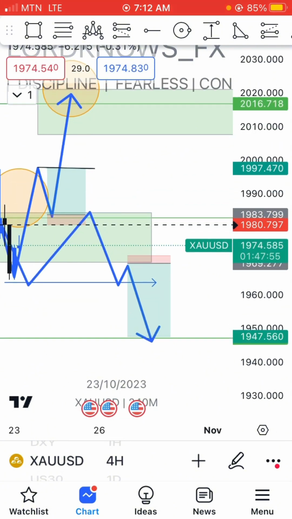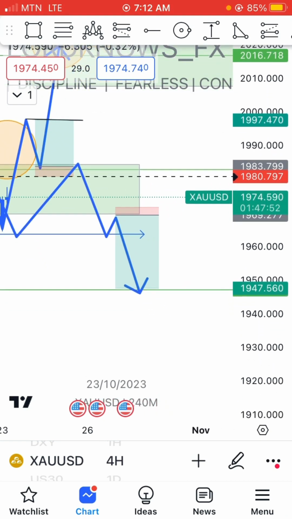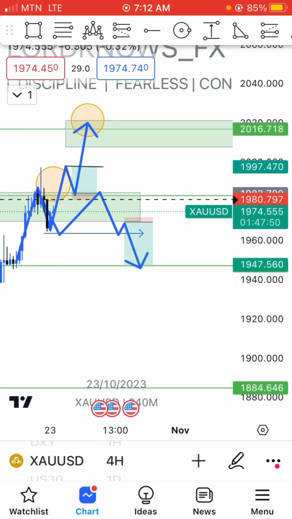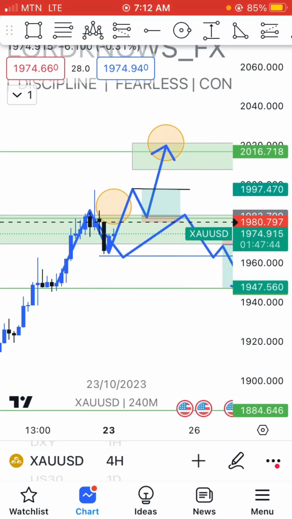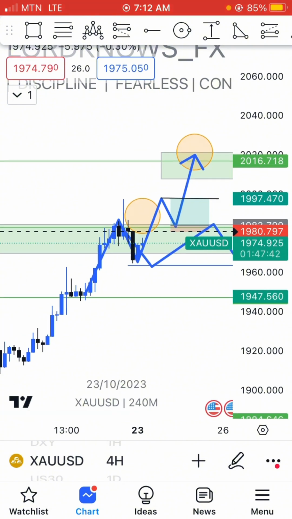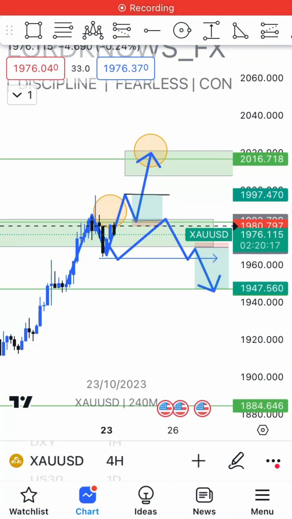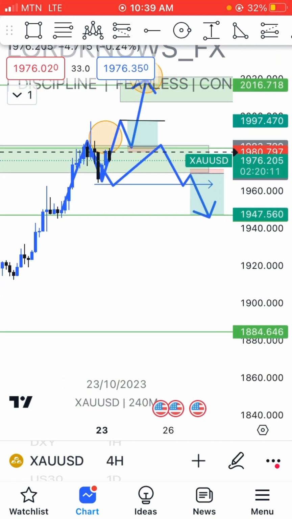If it goes uptrend, you will know when to enter. If it goes downtrend, you will know when to enter. Meaning you have to be patient. You have to wait to see what the formation will be on the market. Like I said, when it comes to the forex market, your entry is really what matters. So you need to know when to enter and when not to enter.